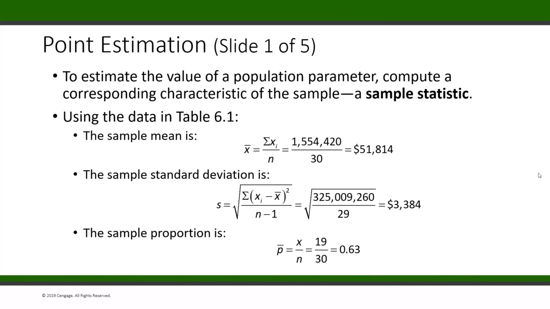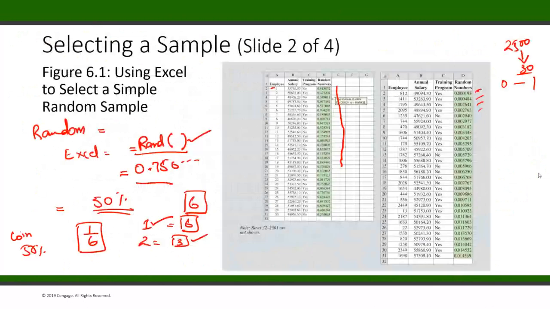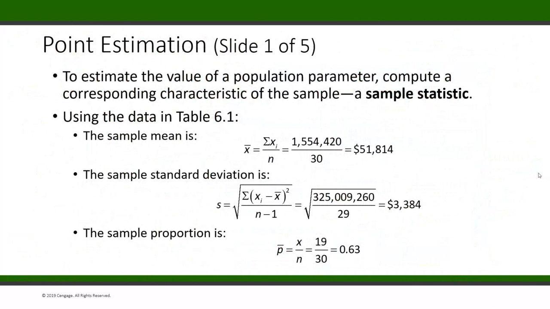So assume, for example, we had that salary data, and we took a sample of 30 employees, and we say, okay, what are their salaries? So we summed those 30 employee salaries and divided them by 30.